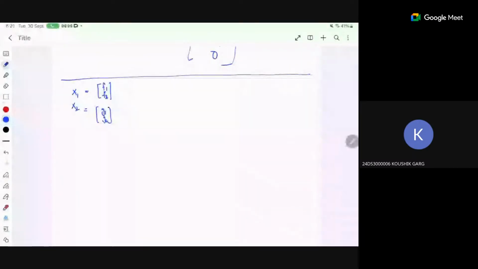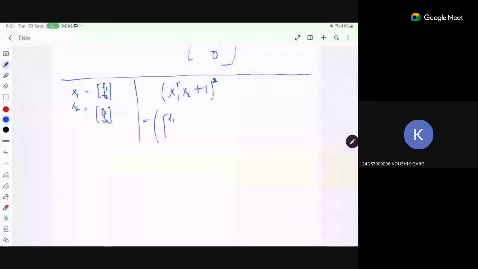So what I'm saying is, let's define a function. That function is that I take x1, I take x2, plus you add some constant. Now, if you take the square of this, what happens? What is x1?